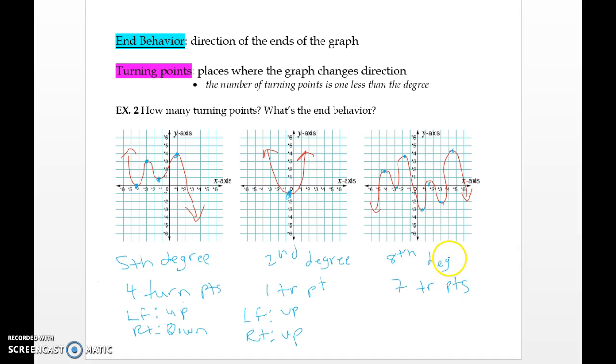You can either add 1 to your turning points, or you can count 1, 2, 3, 4, 5, 6, 7, 8, all the way down, 8. On the left side, it is ending down. And on the right side, it is also ending down.